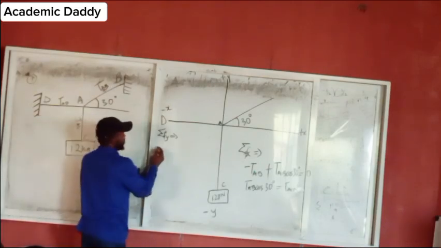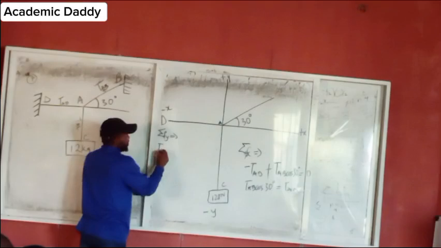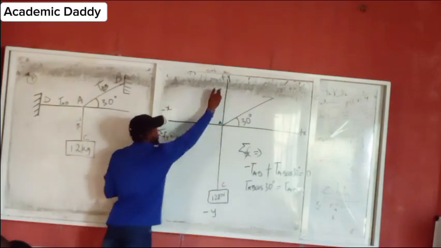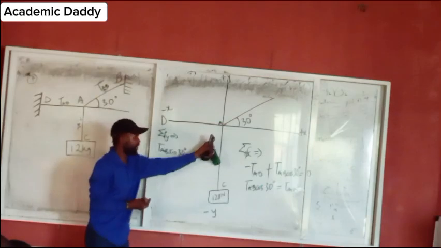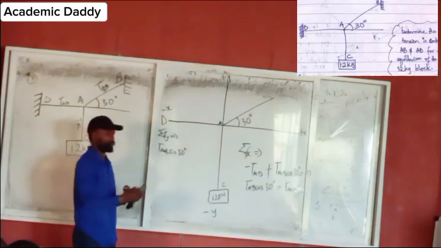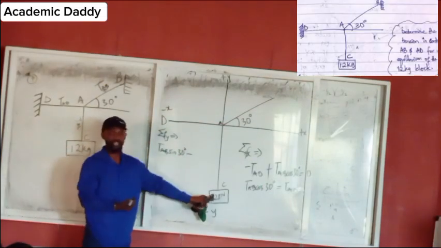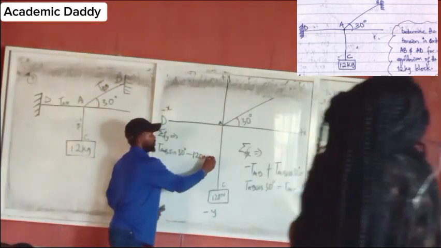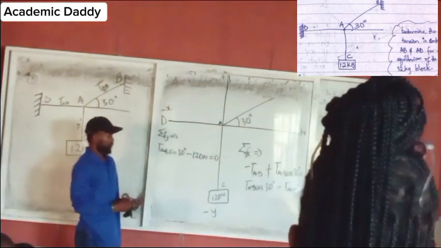So sum of forces on the y-axis, I will have TAB sine 30 degrees, and I'm using positive because it's in the positive y-axis. Now down here is the minus y-axis, is it not true? So minus 120 Newton is equal to 0.